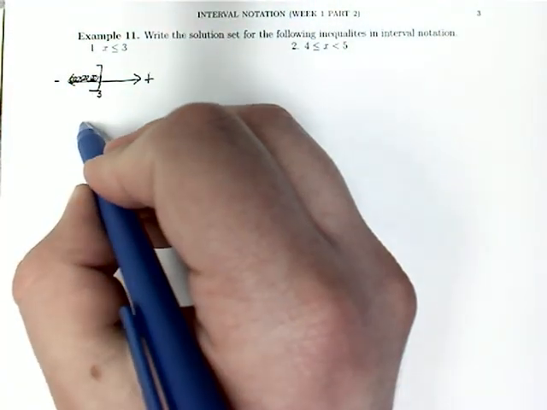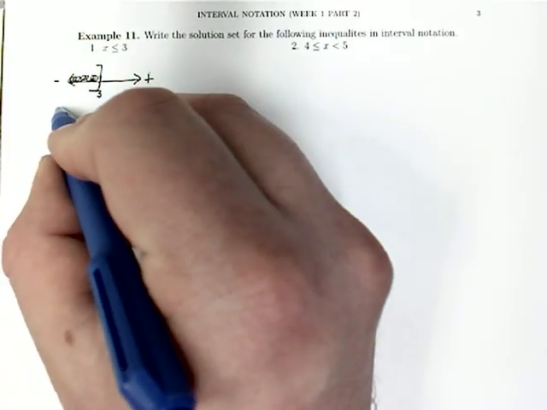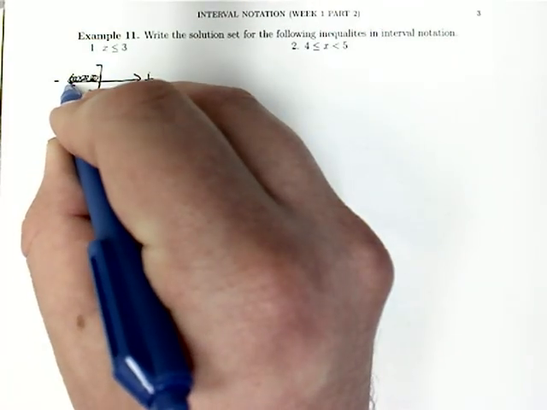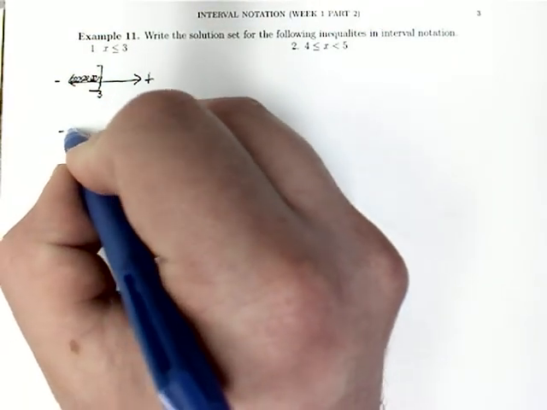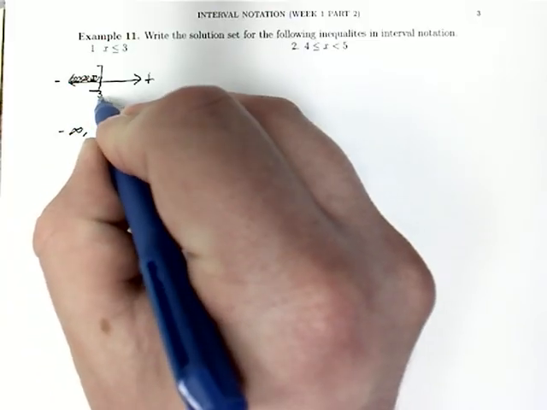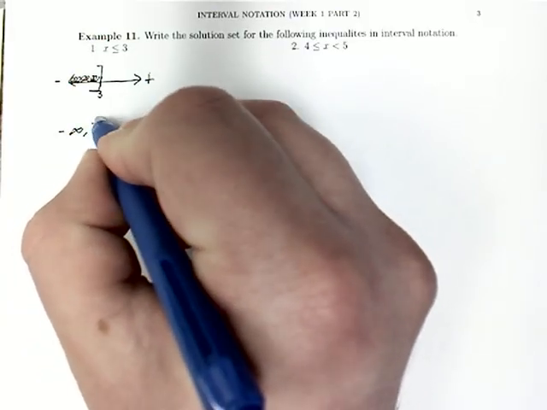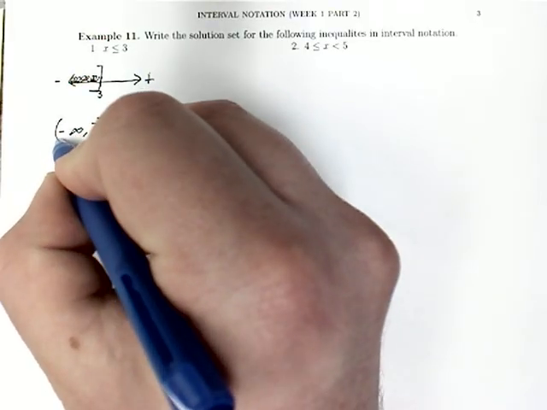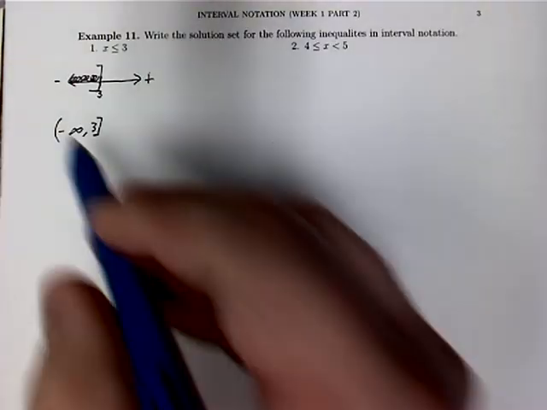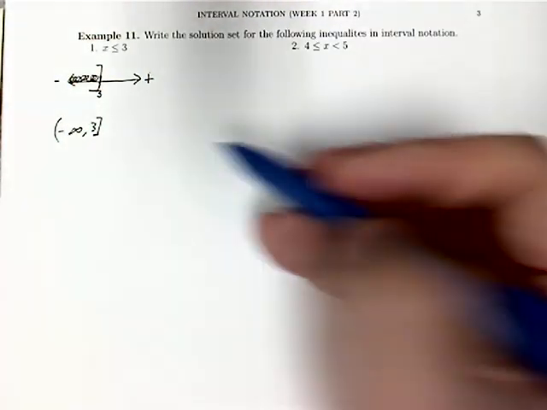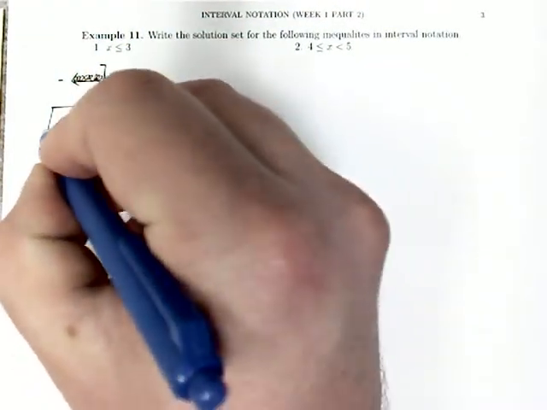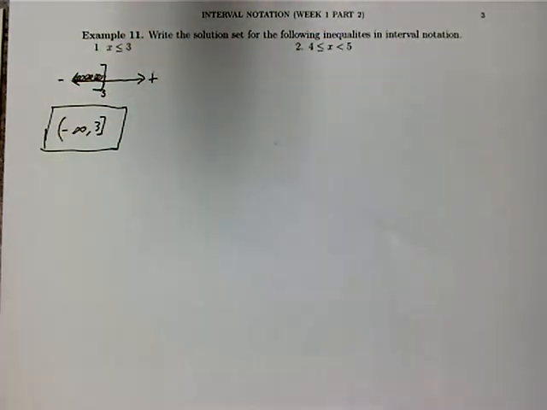And so what does that look like compared to interval notation? Again, go from left to right. How far left do you see any shading? Well, negative infinity. How far do you go up? You go up to 3. You have parentheses. Again, always for negative infinity or infinity, you get parentheses. Now I'm going to put a box around this to indicate our final answer.